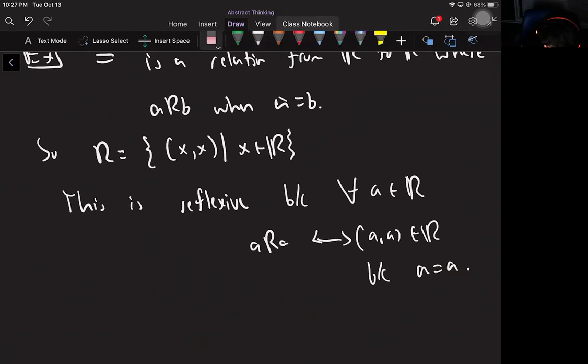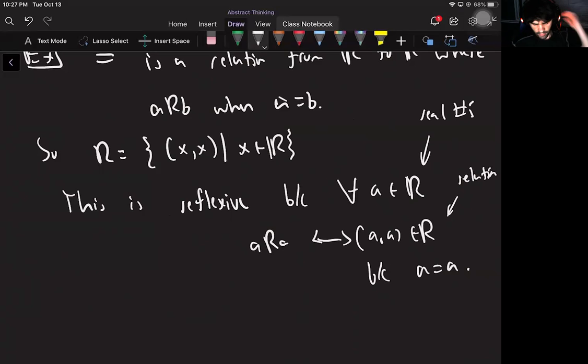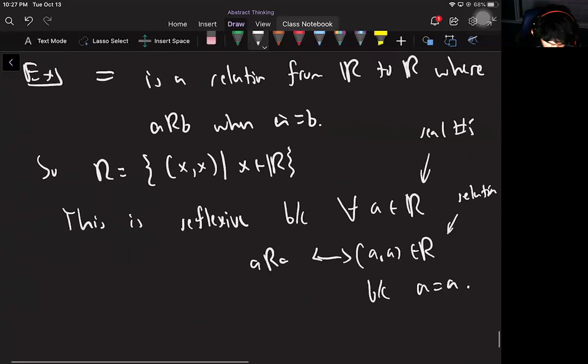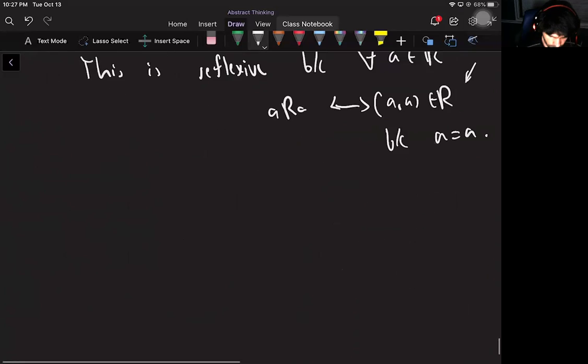This is annoying me because this is R, not the real numbers, sorry. This one's the real numbers. This is the relation R that you get. Okay. So every number is equal to itself. So that's why equals is a reflexive relation.